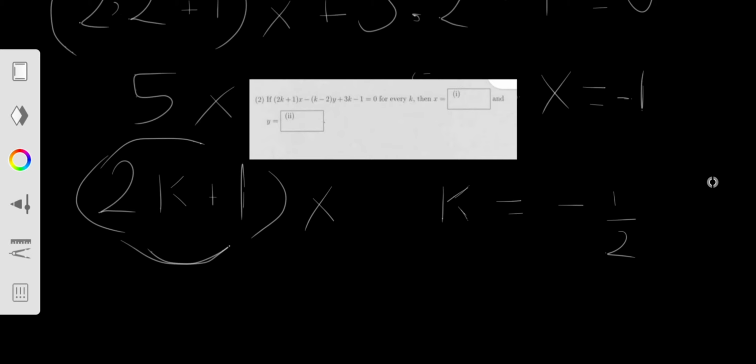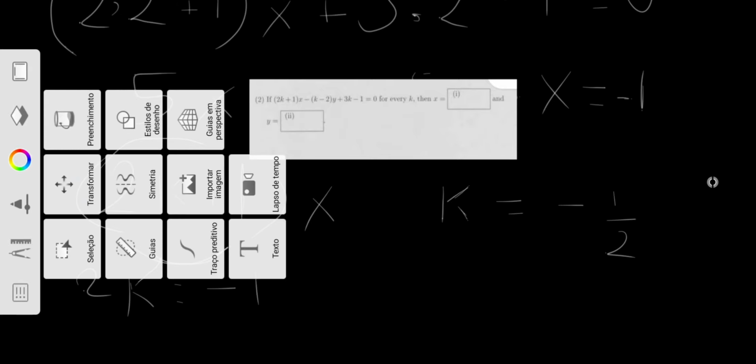The 1 goes to the other side. We will have minus 1 equals 2k. So k will equal minus 1/2. And now you will do the same thing that we did previously to find the x.